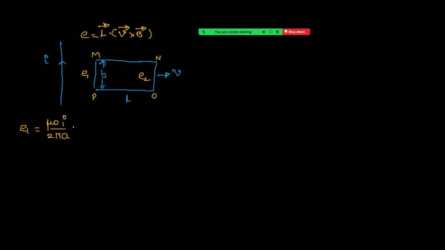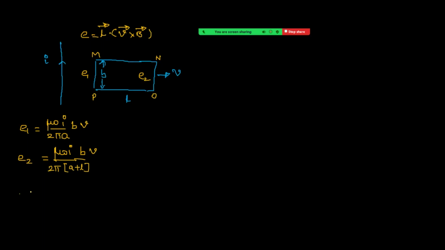L is now B, its length is B, times V. In the same way, coming to E2, the value is mu naught I by 2 pi times A plus L, times B into V. So that is the EMF induced across MP and across NO.